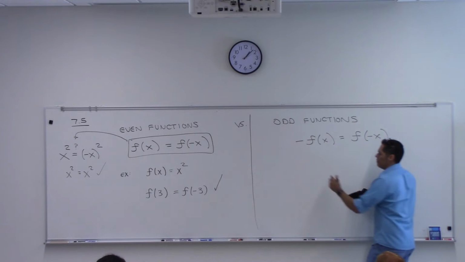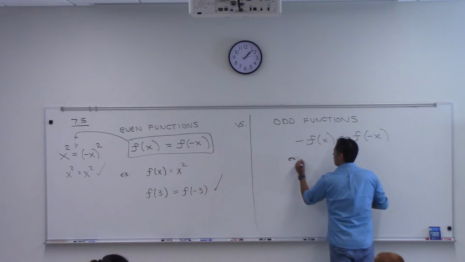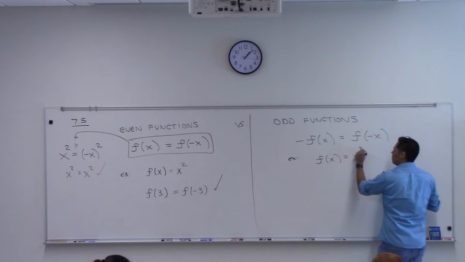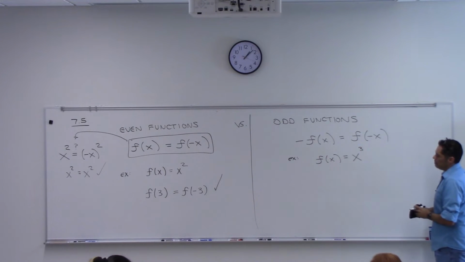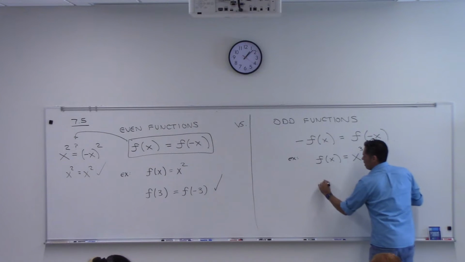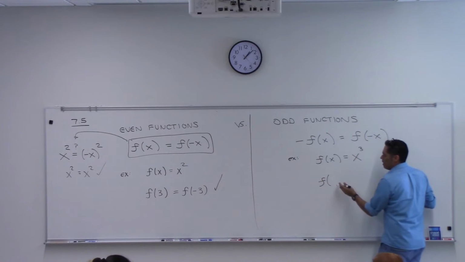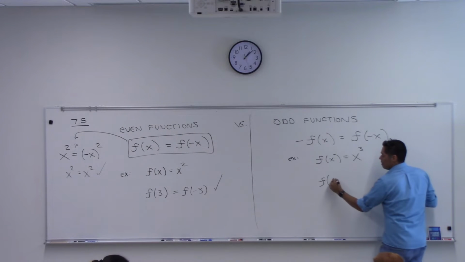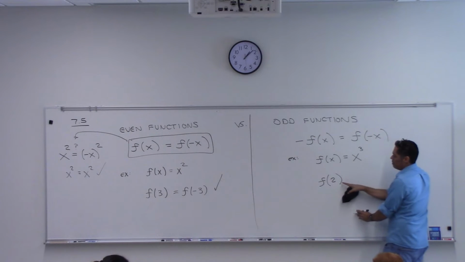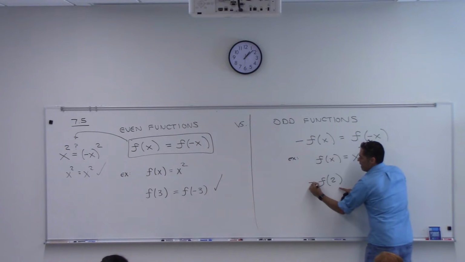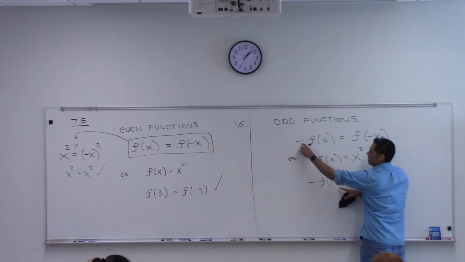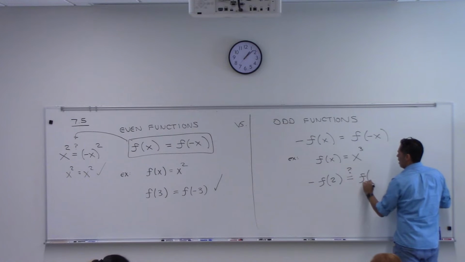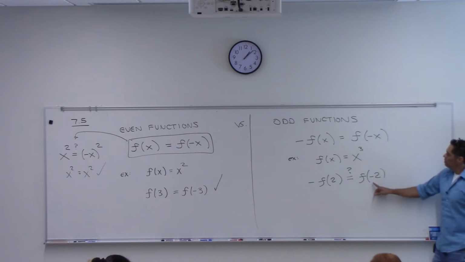Let me show you an example. What if I give you the function f of x equals x cubed? Well, let's just pick a value. What do you want me to plug in? 2? Okay, if I plug 2 into this function and then make it negative, the question is, is that equal to plugging negative 2 into the function?